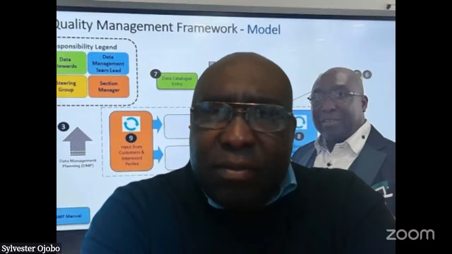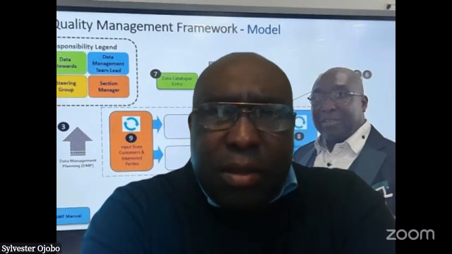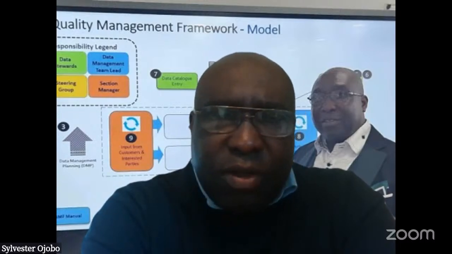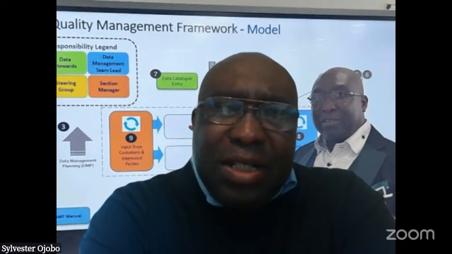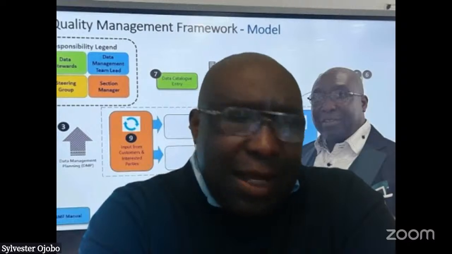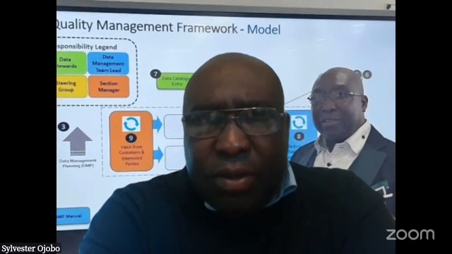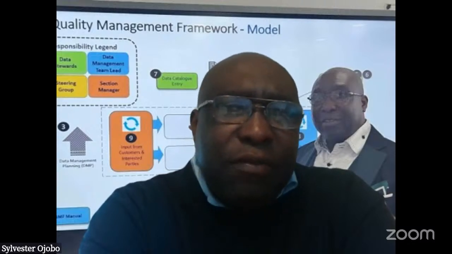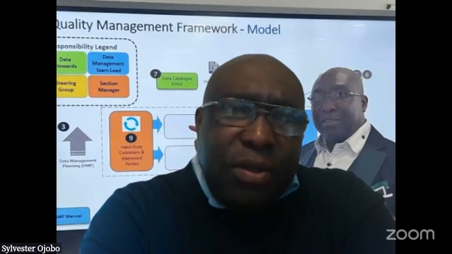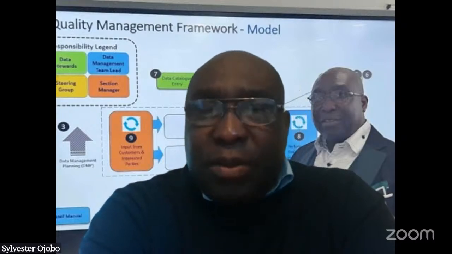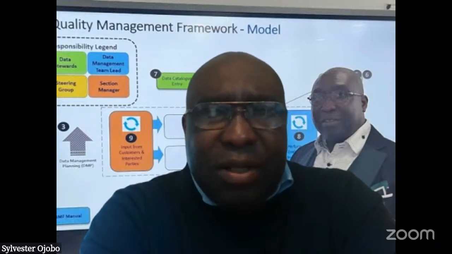incompleteness, uniqueness, and all the frameworks of data quality dimensions. On that basis, you will now assign responsibility to the data owner if you can identify one, and then also the data steward that will be implementing what has been put in.